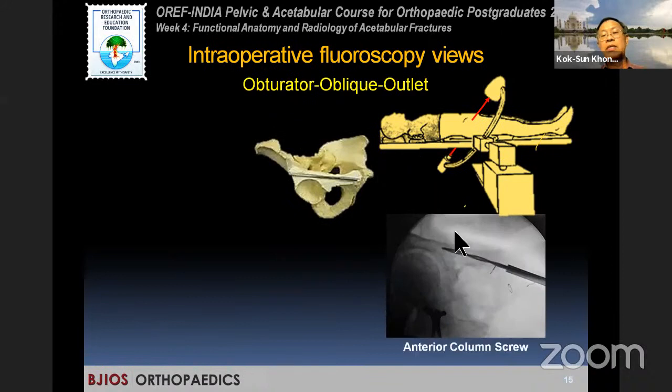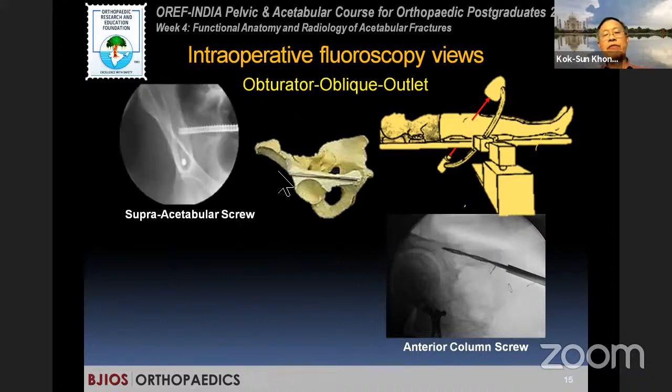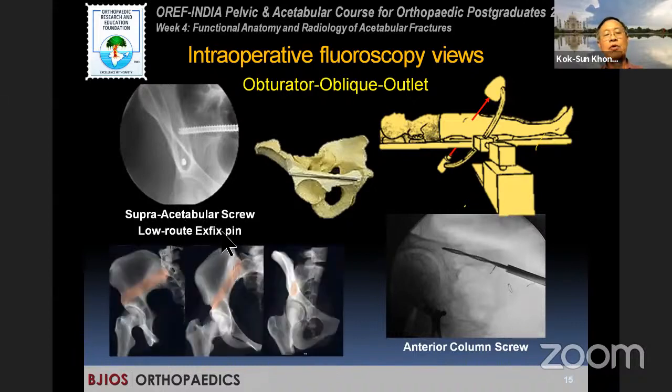What you actually want to see in profile is the rami, the anterior column rami. And that's how you place a screw either from the back to the front or front to the back, as in this case. If you shift it up into this area, you will actually see the position here, where the sourcil of the head is. And this will give you the supra-acetabular screw position, if you choose to put a screw in there, or perhaps a low route external fixator pin can be placed right into here.